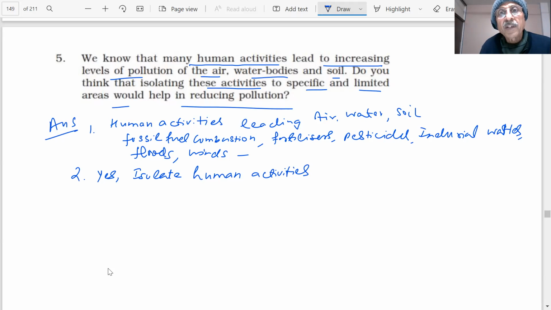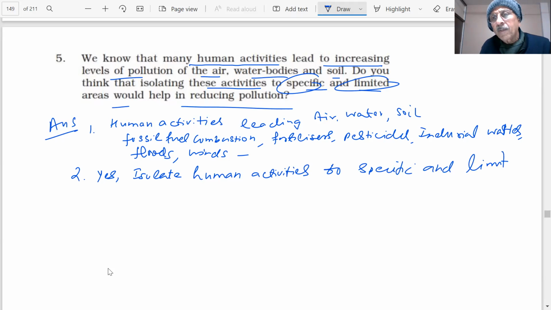Isolate human activities to specific and limited areas. And now here is a specific and limited area, students. To specific and limited areas, what does it mean now? The activities we are not stopping, but taking to certain specific and limited areas.